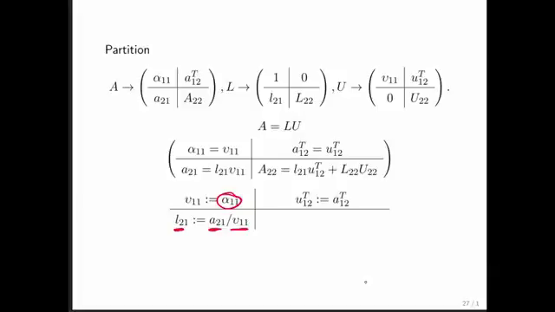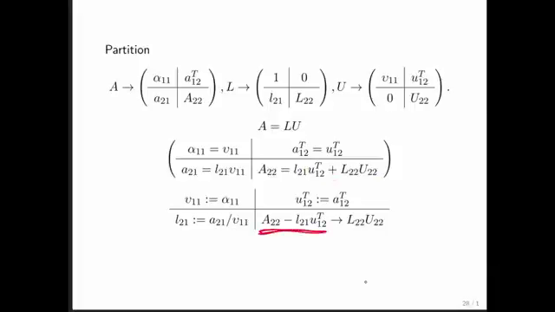Now, by the time we look at this right here, we know what L21 is, we know what U12 transpose is, we know what A22 is, so we can bring everything we know to one side.